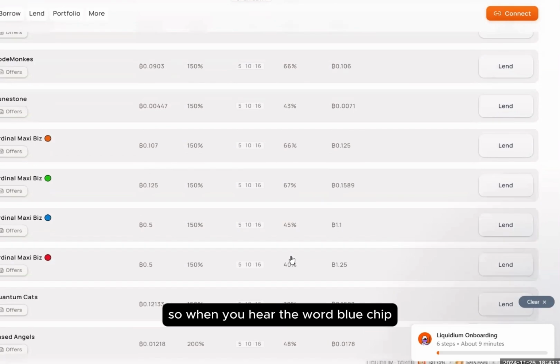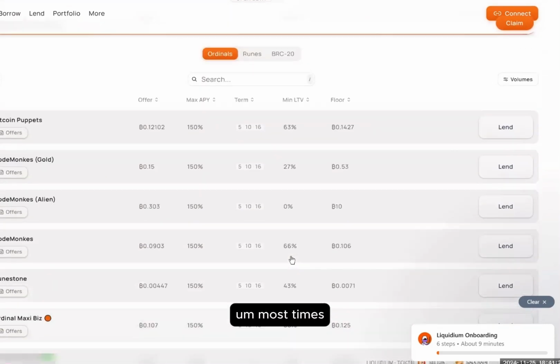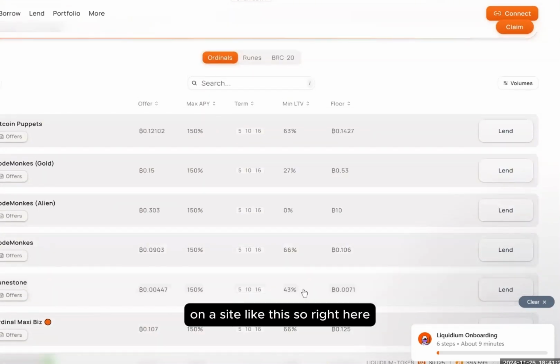So when you hear the word blue chip, most times you're going to see blue chip projects on a site like this. So right here, let's say I want to be a lender.